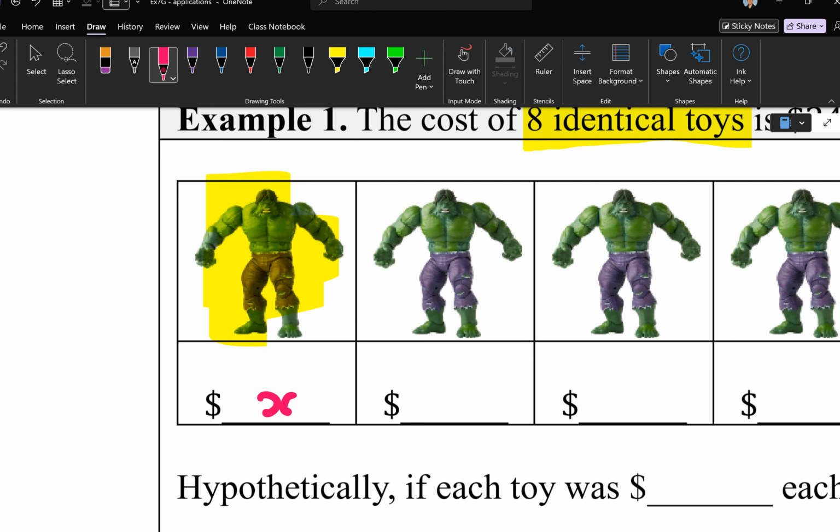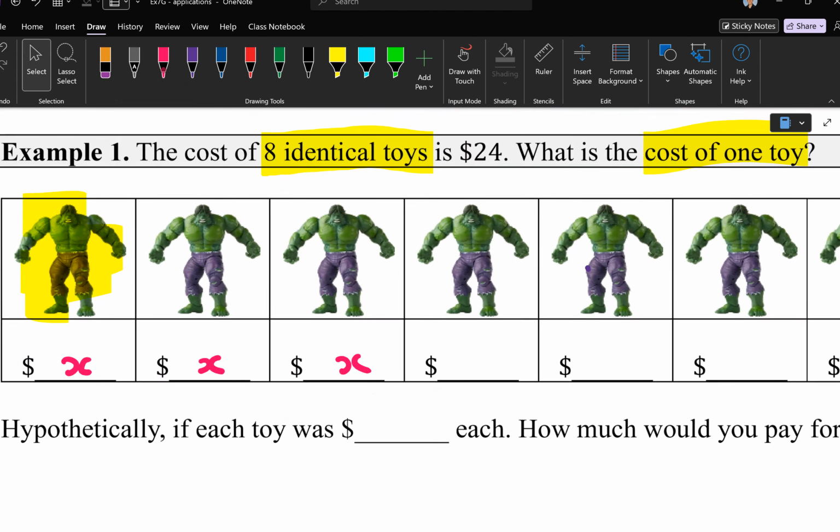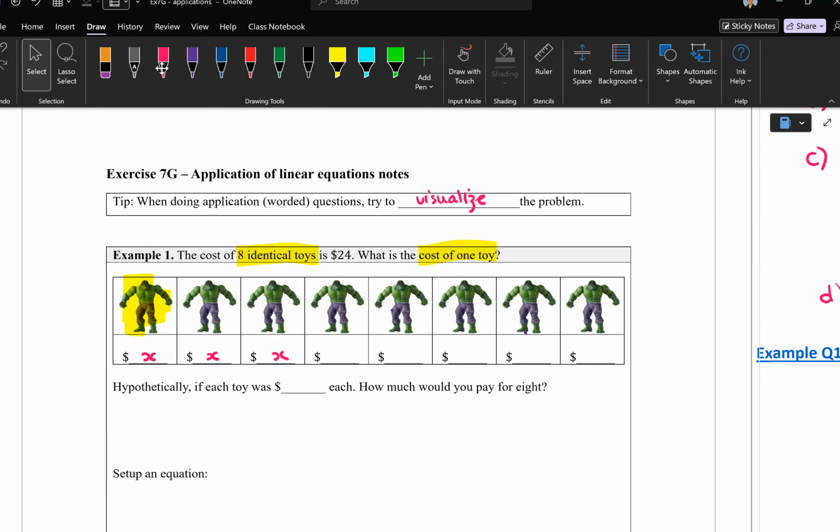So we then say, and this is what we normally do to model it, well, let's say it was X dollars. Okay, just giving a number. So X is a number. I just don't know how much it is. If this is X dollars, that means the next Hulk toy is also X dollars. That means the next Hulk should also be X dollars. And that means all 8 of those toys, visually, you would say, well, it's X, X, X, X, X. And if I asked you, if you bought all 8 toys, how would you normally calculate how much you spent?